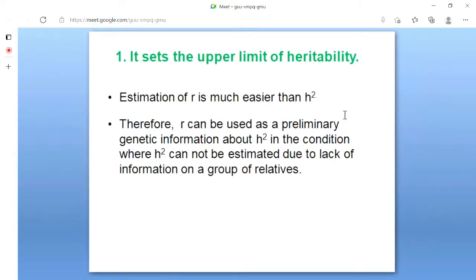Therefore, repeatability can be used as preliminary genetic information about heritability in conditions where heritability cannot be estimated due to lack of information on a group of relatives. When the heritability value is not available, you can use the repeatability value. It will give some idea about heritability in the population.